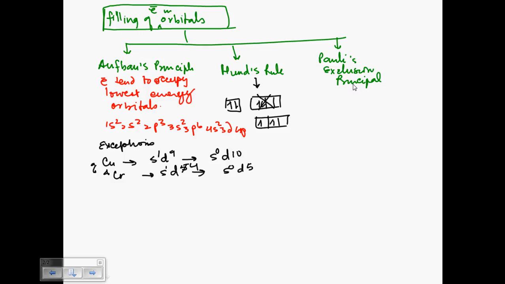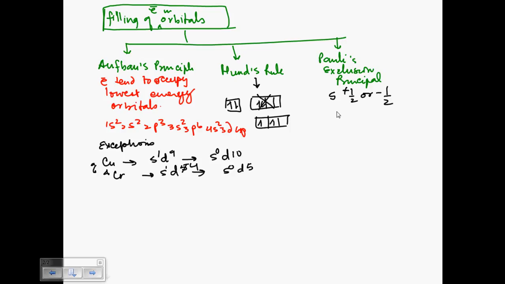And Pauli's exclusion principle says that no 2 electrons in an atom can have all 4 same quantum numbers, and that's why a spin quantum number was added later with a value of +½ or -½ spin, one for counterclockwise, one for clockwise. So even if 3 other quantum numbers are the same, the 4th quantum number would be different.